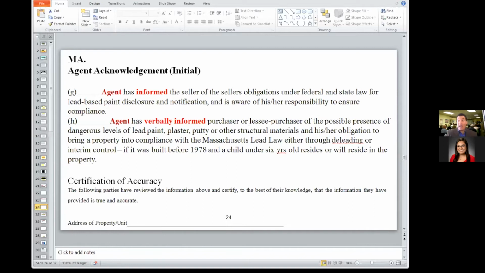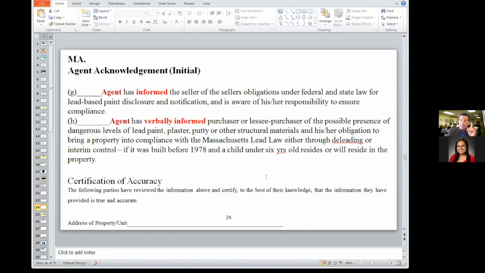And I'm telling you now, Mr. and Mrs. Buyer, that it is your obligation to bring the house into compliance under the Massachusetts law by getting it de-leaded or bringing it under some interim control, which is another way of saying de-leading, if it was built before 1978 and you have a kid living in it. I'm telling you, you have to do it. So I don't know why you waived the lead inspection when you have to do it if you have kids under 6. And you might want to know what this is going to cost because it's not cheap.